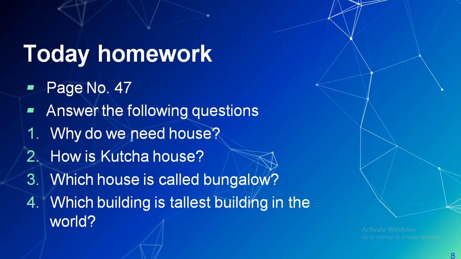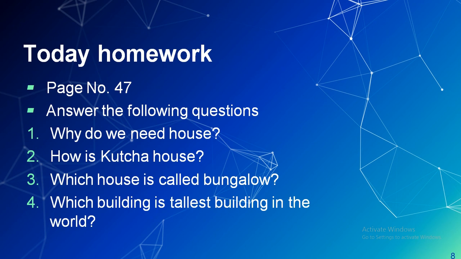Okay students, this is your homework today. Page number 47, sorry, page number 47. There are some jumbled words that you have to arrange. According to the picture, arrange the letters in the correct form. Okay, and then answer the following questions.